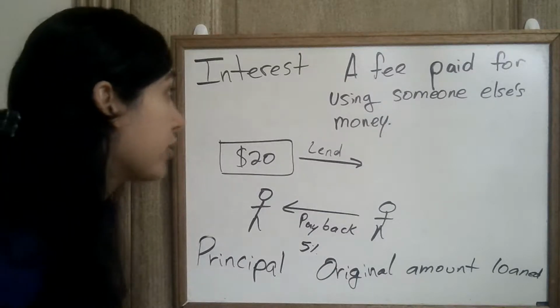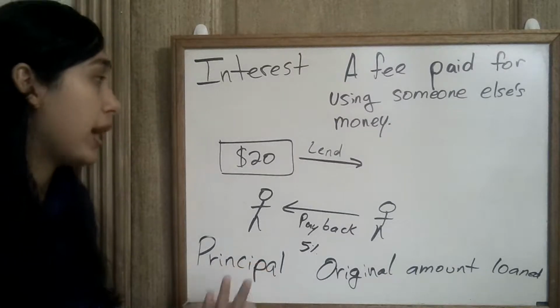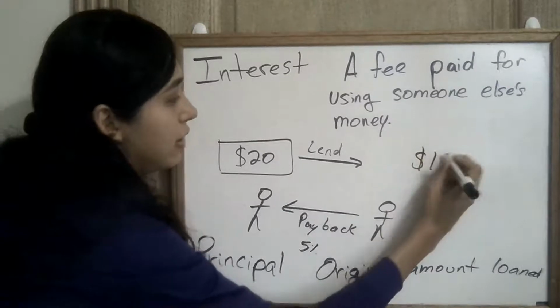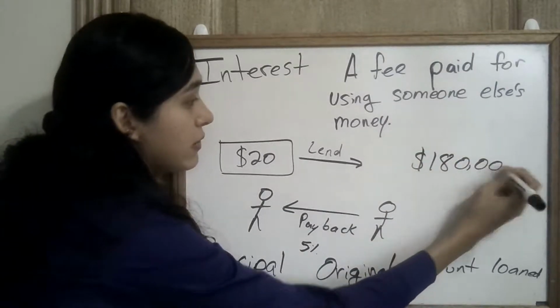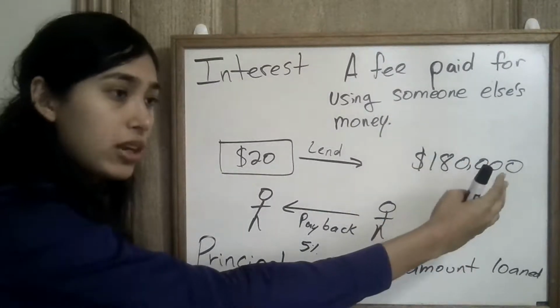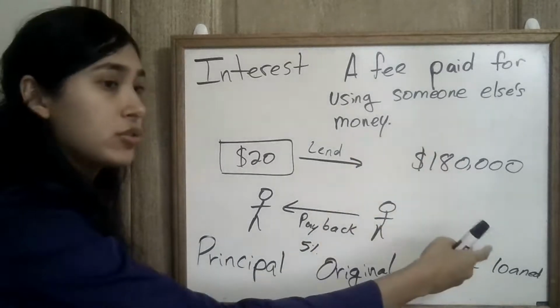Another way that you might hear this is in a mortgage. Let's say you buy a house for this much money. That would be your principal, but then there's an interest rate on your mortgage, the house loan, and that would be your interest.